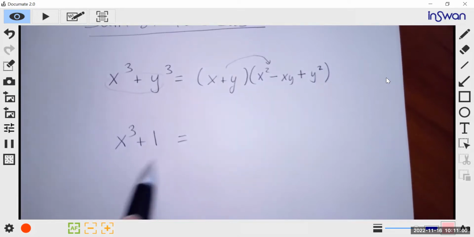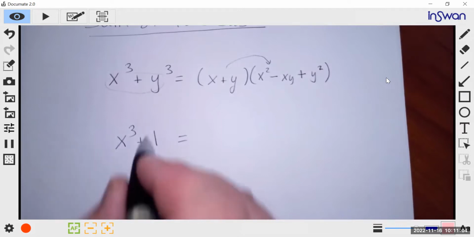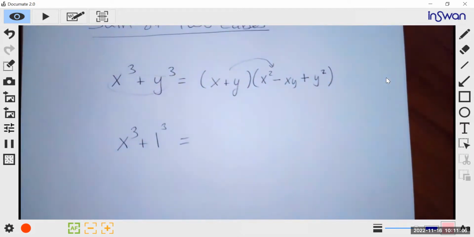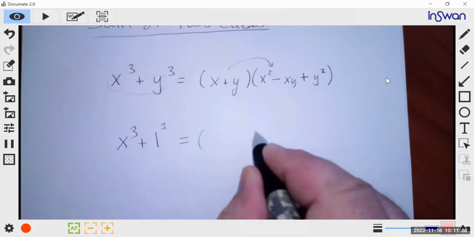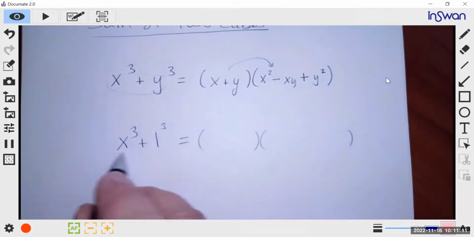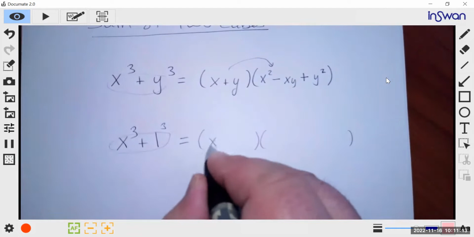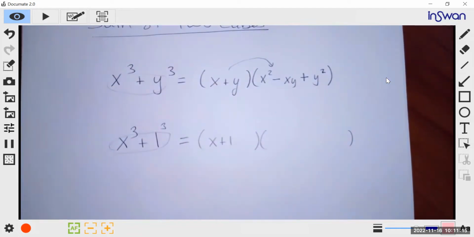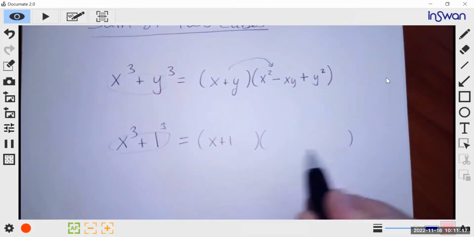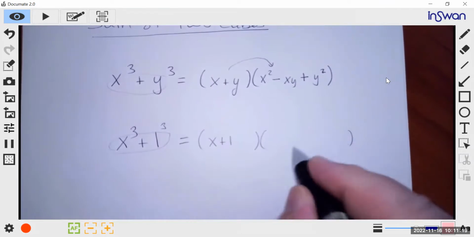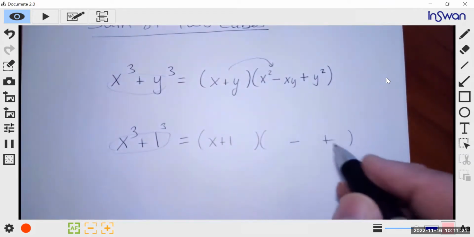Is this the sum of two cubes? Yeah, because one is the same thing as one cubed. Whatever's under the cubes goes in the first spot. What signs go in the second one? Minus and a plus.